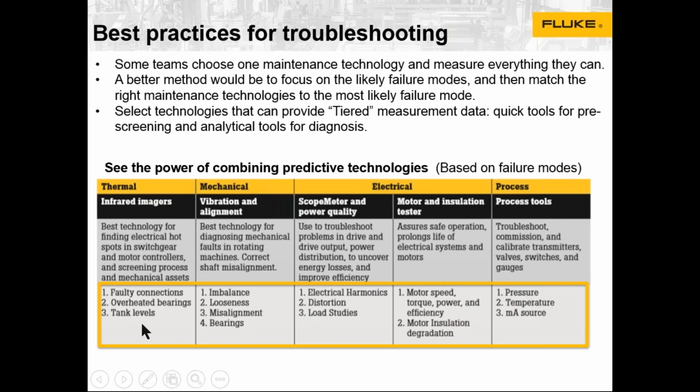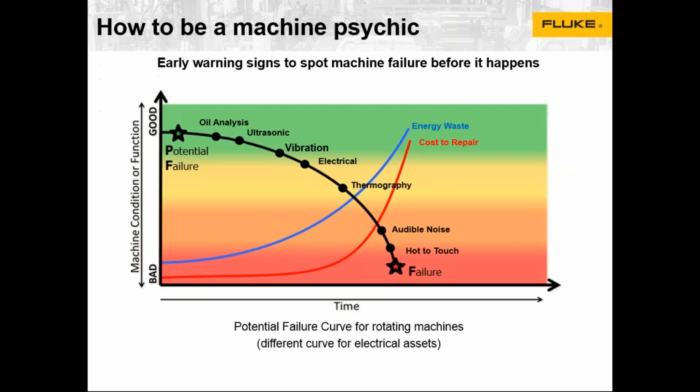And then over on the left, thermal tools can be used to look for faulty connections, electrical, overheated bearings, mechanical, and tank levels, process. So instead of just using one tool and trying to use it to find everything, which doesn't work, we need to use the right tool for the right failure mode. Because how can we be a machine psychic with just one tool?